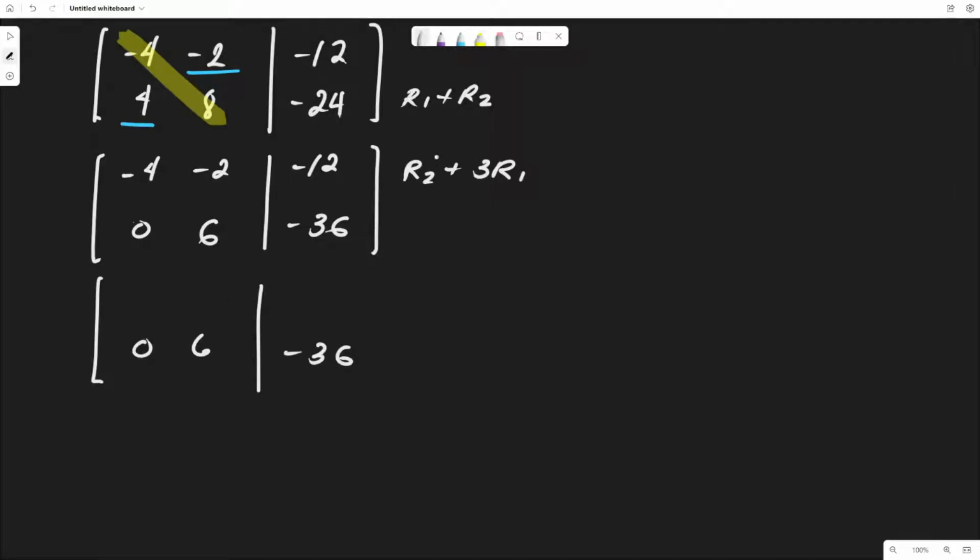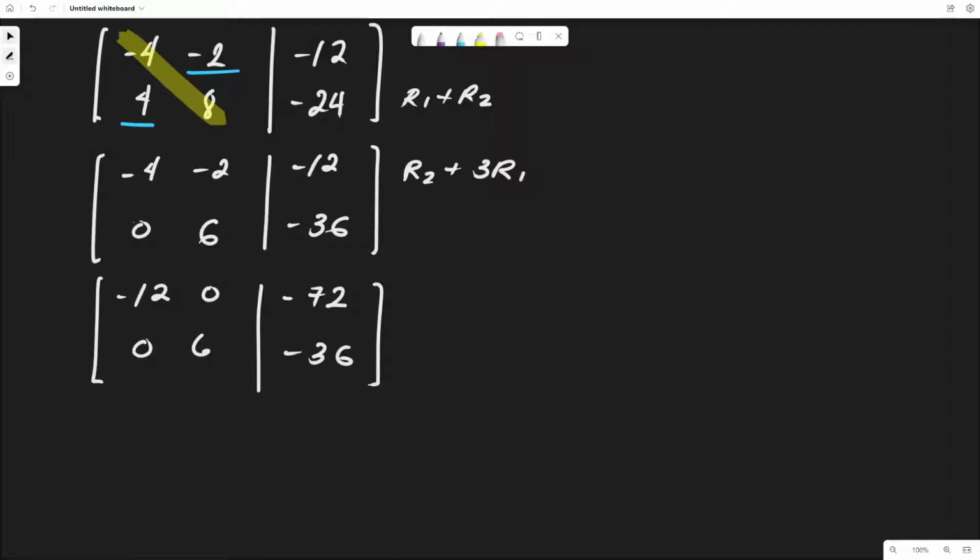Then, R2 plus 3R1: 0 plus 3 times negative 4, that is negative 12. So, obviously, this is 0. Then, negative 36 plus 3 times R1, which is negative 12, so negative 36 minus 36 is negative 72. Okay, nakuha na natin, 0 na yung upper and lower triangles natin.